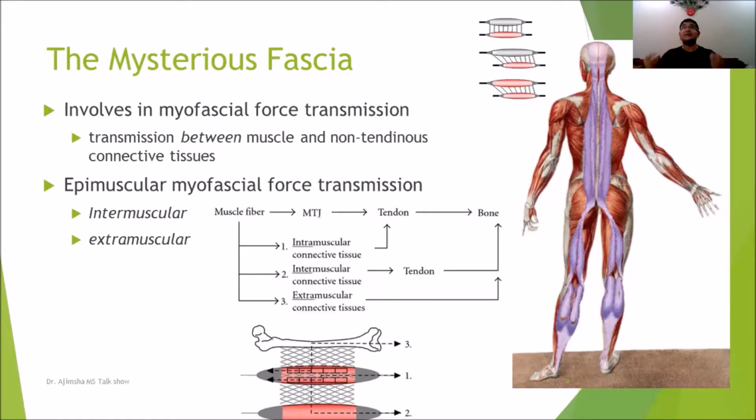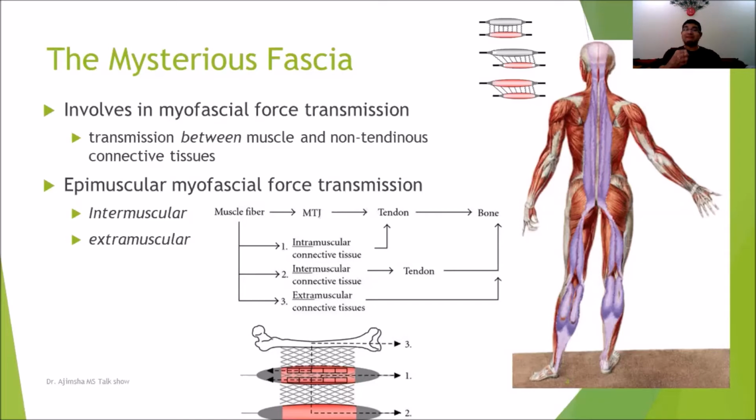Or let's say it's transmission of muscle force to the skeleton via pathways other than the muscular origin and insertion. The picture shows the different pathways of force transmission from muscle to bone through the myotendinous junction.